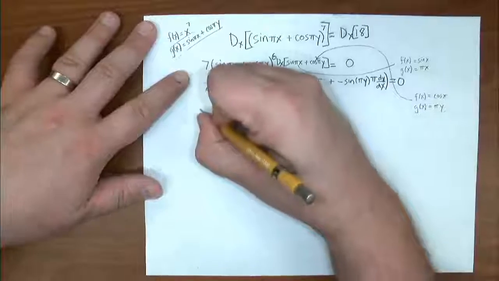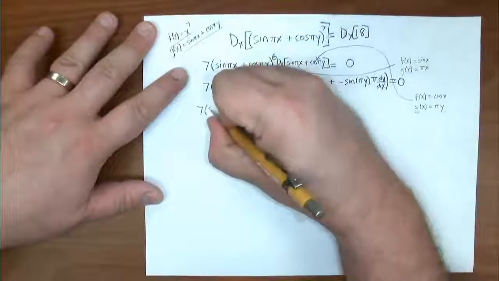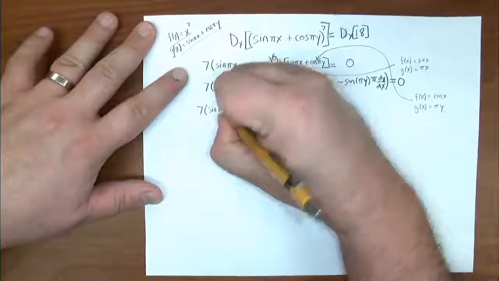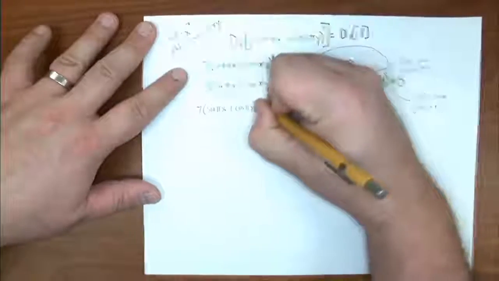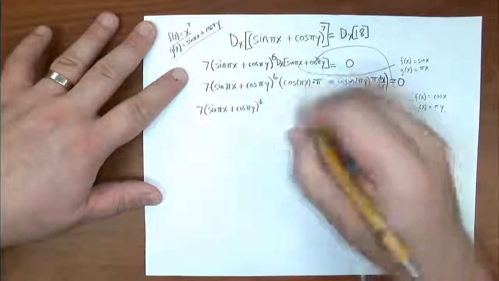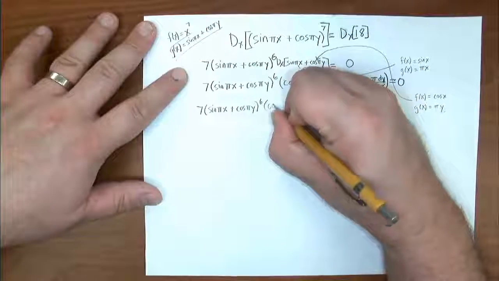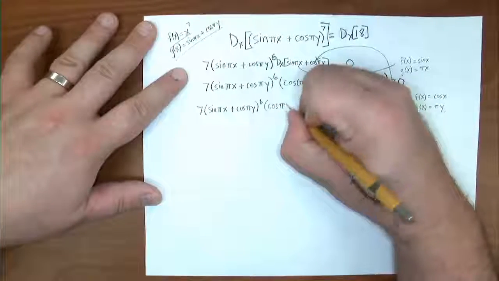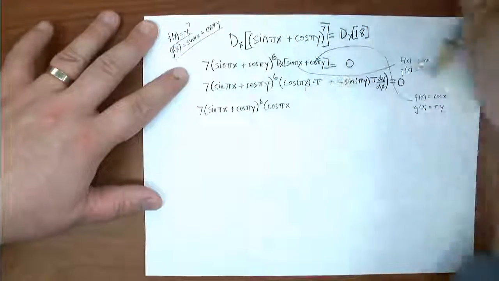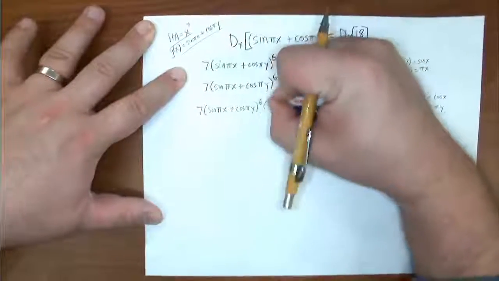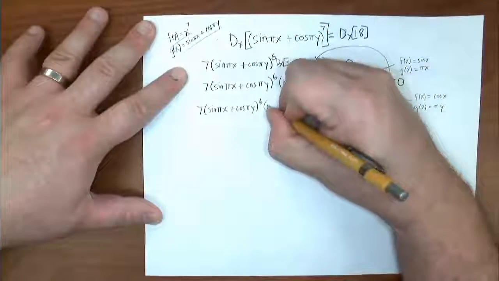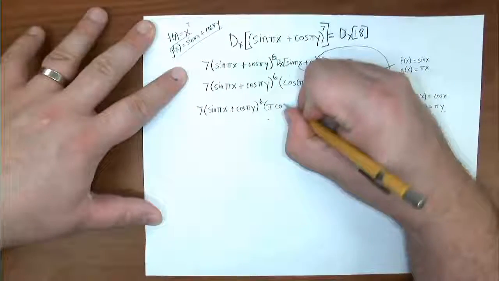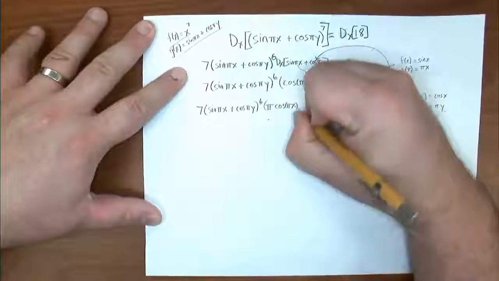So it's 7 times (sine pi x plus cosine pi y) to the 6th power times this, which is cosine pi x. Oh, I'm going to write that pi in front. That'll look better. So pi cosine pi x.